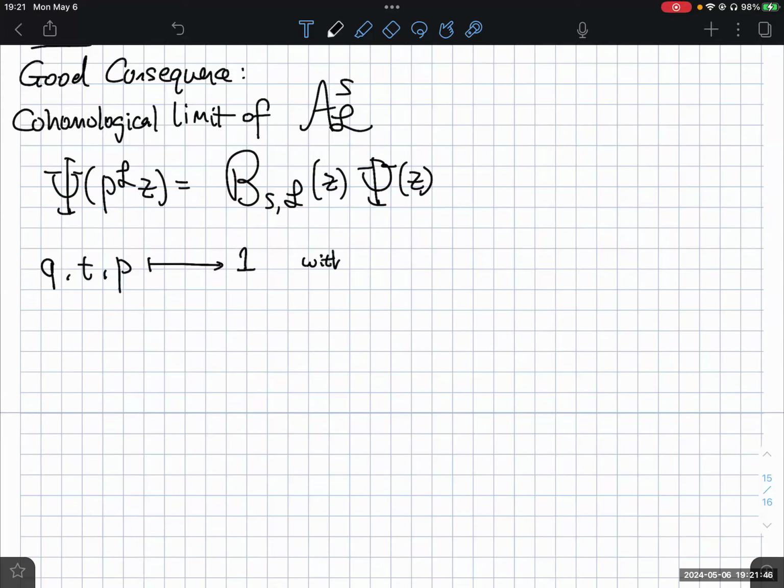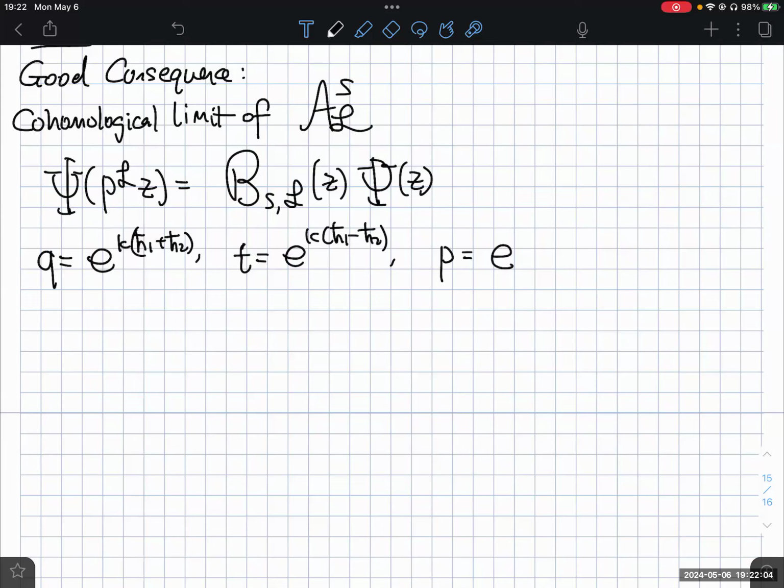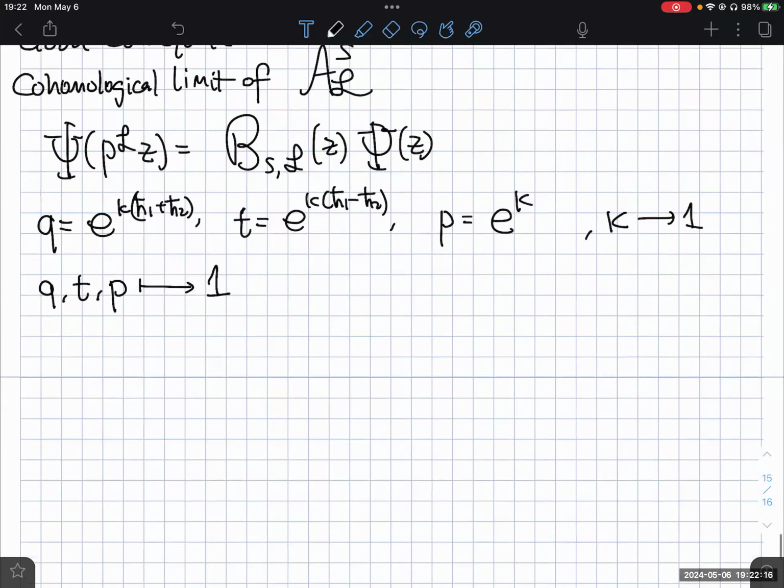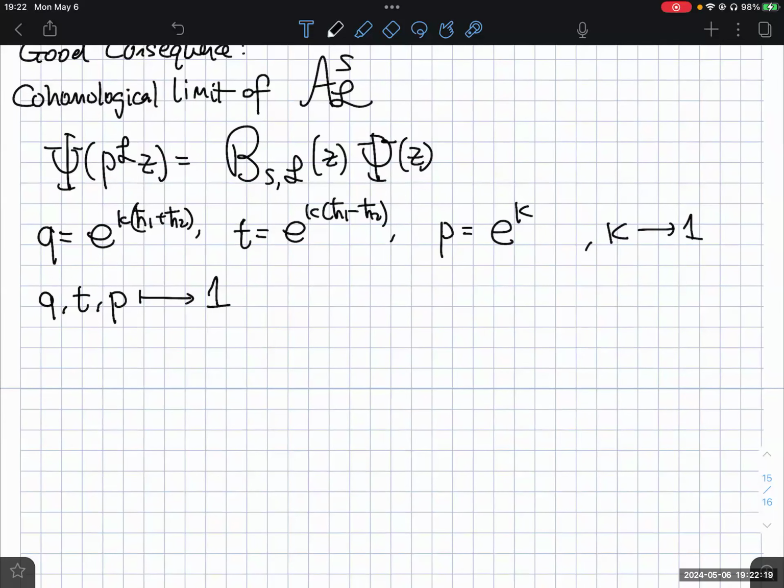I should take Q equals e^(kappa h bar 1 h bar 2) and T equals e^(kappa h bar 1 h bar 2), and take the limit as kappa goes to 1, which means that Q P T goes to 1.